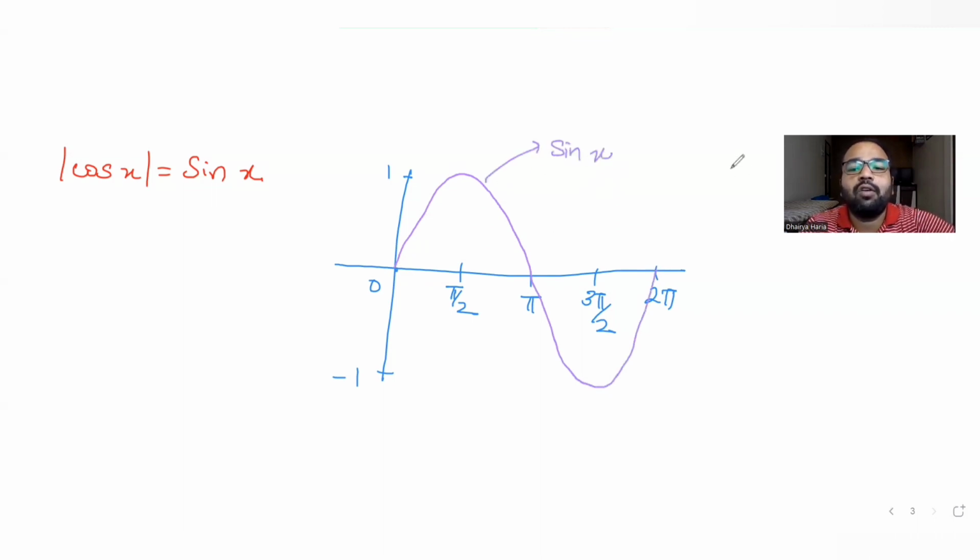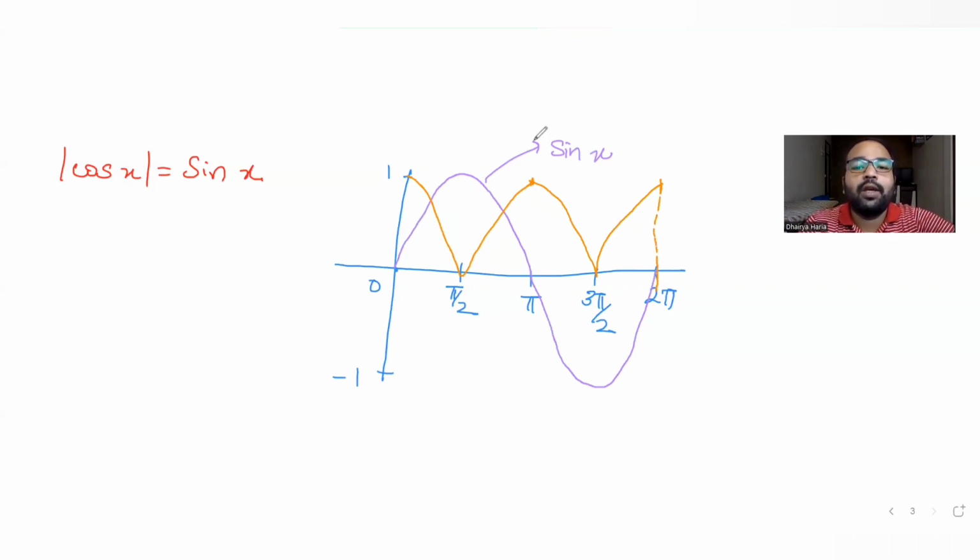Now what was the mod of cos x curve? It was 1 at an angle of 0. It then became 0 at angle pi by 2. It again becomes 1 at pi because it is mod of something, so always a positive value. Again 0 at 3 pi by 2, again 1 at 2 pi. So this was our entire curve from 0 to 2 pi for mod of cos x and sin x.